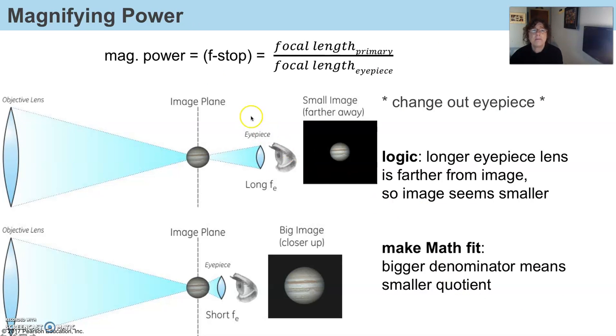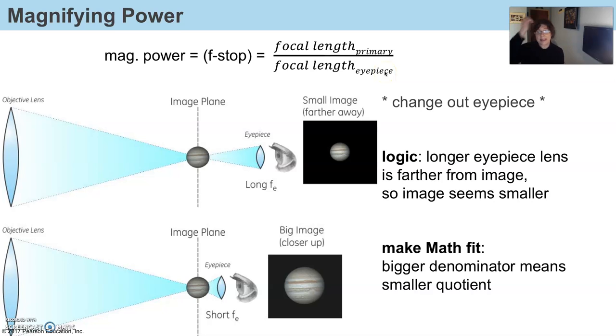In fact, magnifying power, or for all you photographers out there, F-stop, something you know and love, is the quotient of the focal length to the primary focal point, the prime focus, over the focal length of the eyepiece.